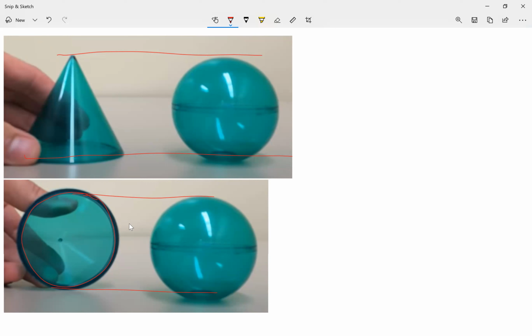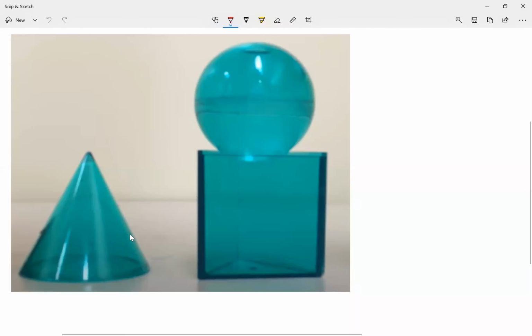I fill up my cone with water and put it into the sphere. I want to see how much of the sphere I can fill up. Let me show you this picture. I don't know if you can see, but the water is only halfway.